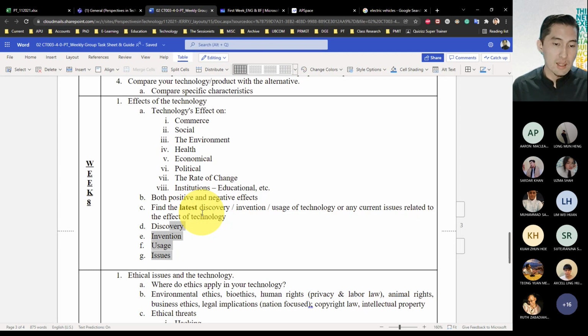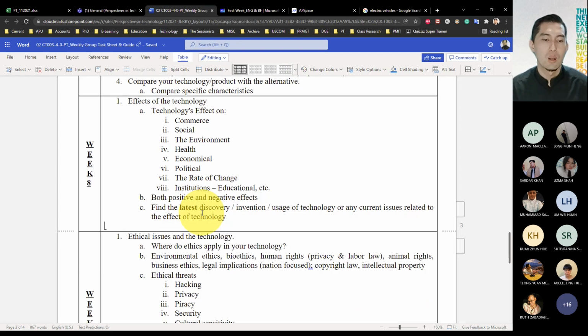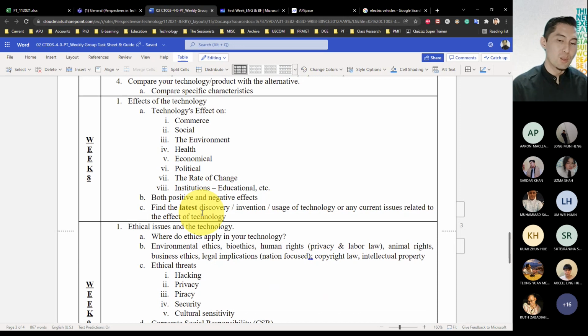So you do not need to be literal with this. These are all meant to be a guide. You do not need to go through every single point, but it's more about identifying the latest news about your specific technology.